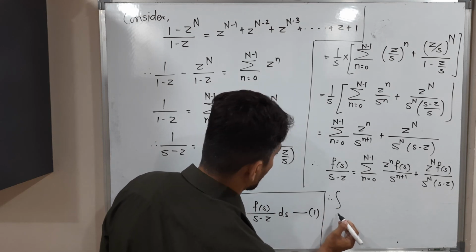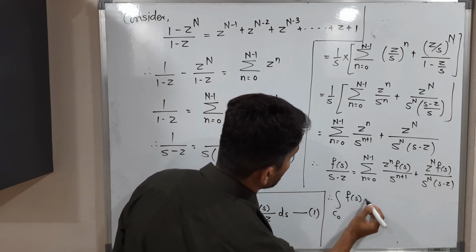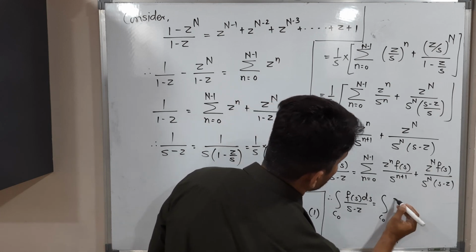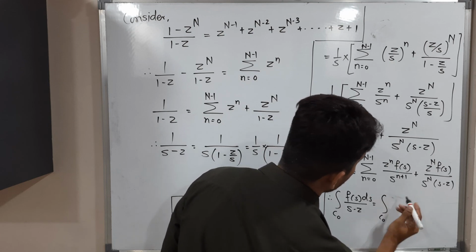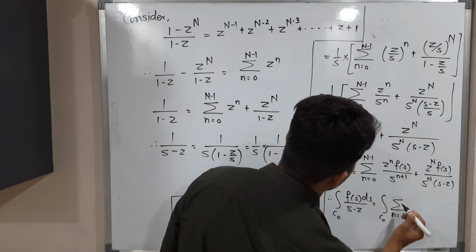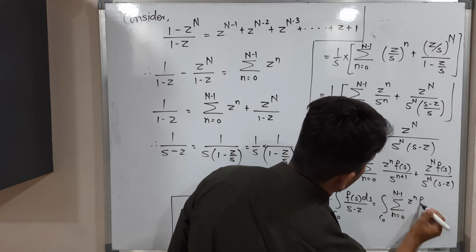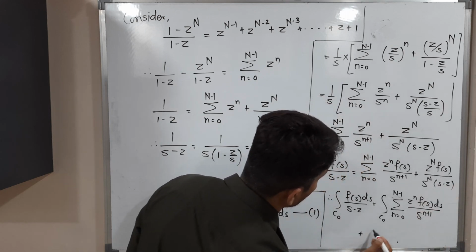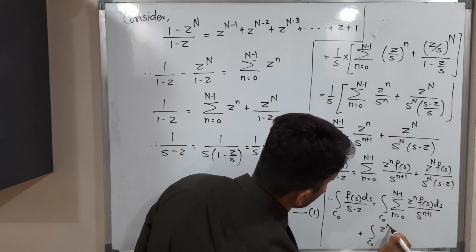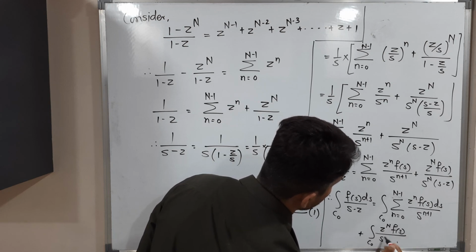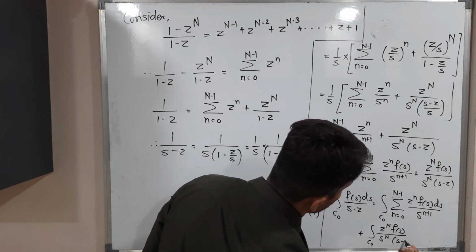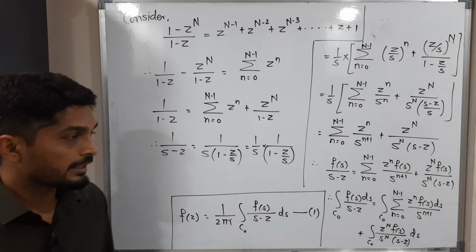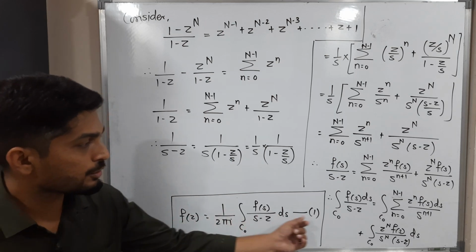Integration over C naught of f of s ds upon s minus z, equals summation n running from 0 to N minus 1, z raised to n f of s ds upon s raised to n plus 1, plus, here also we should integrate, integration over C naught of z raised to N f of s upon s raised to N times s minus z, ds. As I told you earlier, our target is to solve this integration. So we have reached up to the integration.